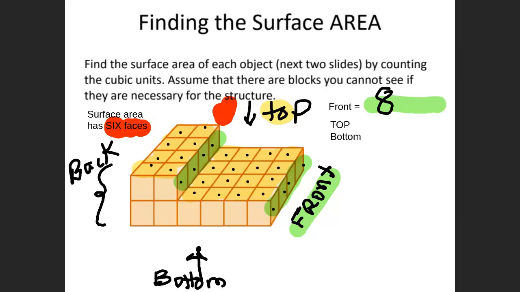I have 24 top boxes, but I also have 24 bottom boxes. Now, are there any questions with why the top and the bottom are the same?